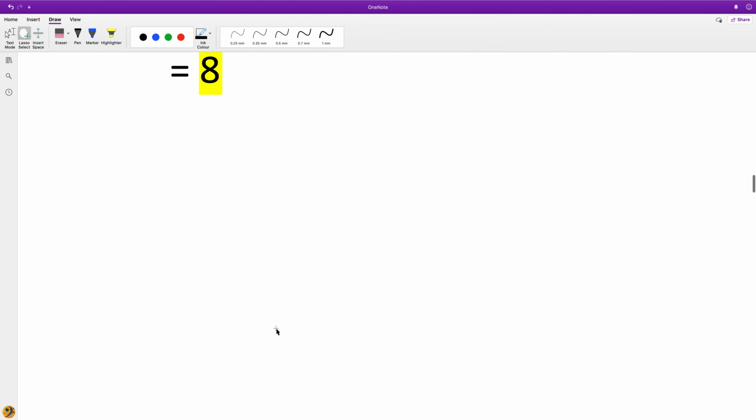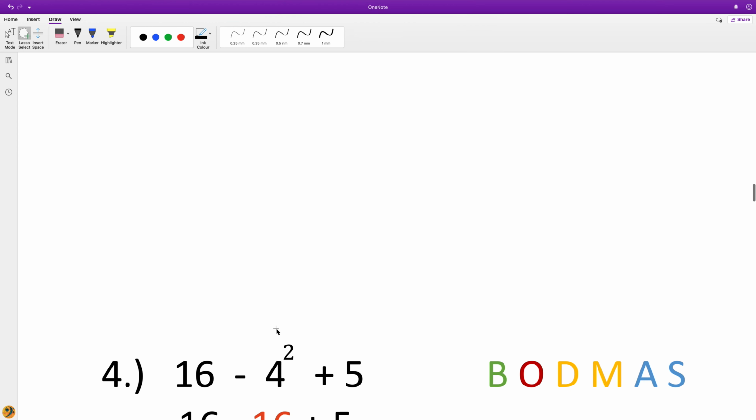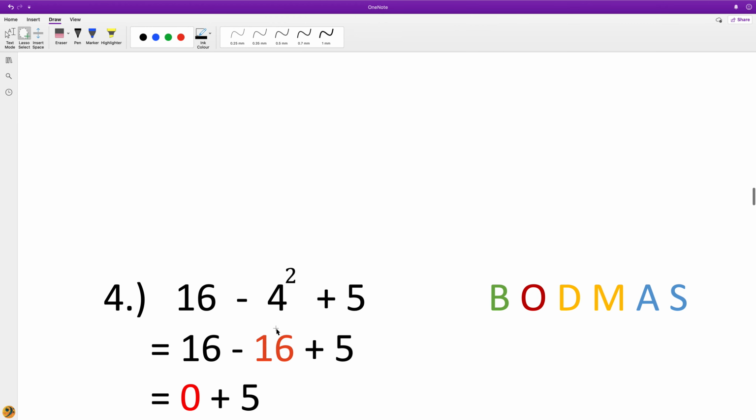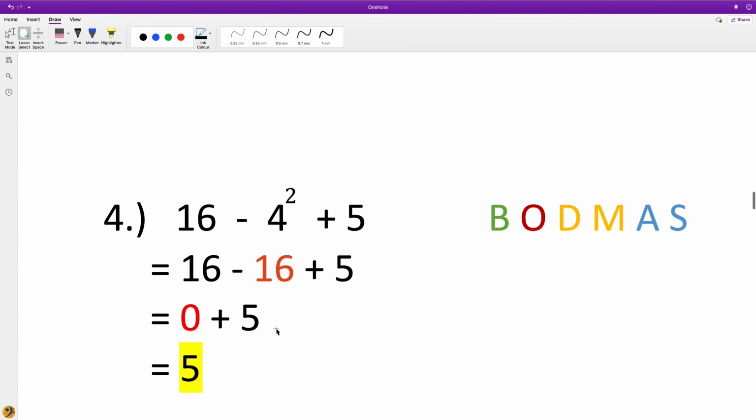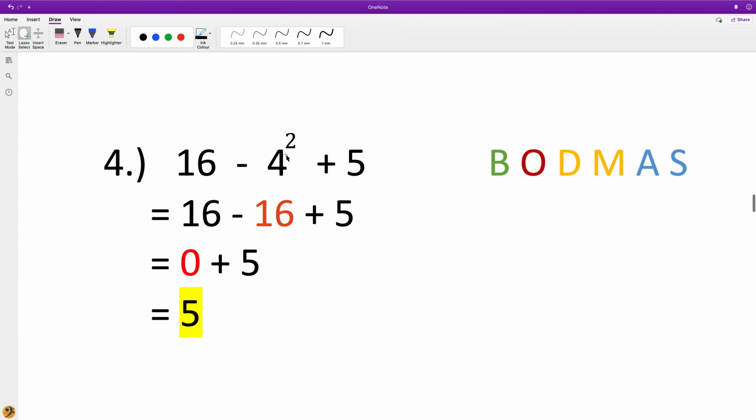All right, the next question we have here is question 4. Now we can scroll up here. Okay, so question 4, we have 16 minus 4 squared plus 5. So we refer to our BODMAS rule over here.